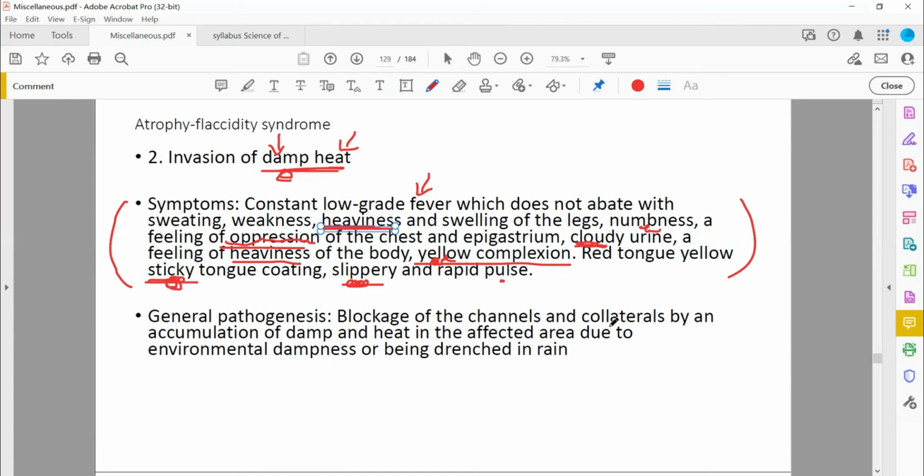Sweating: it doesn't abate with sweating. Usually after sweating the patient will feel better, but this one doesn't work. So if this happens, it means it's not just heat, that's damp heat. Something sticky is lingering there.